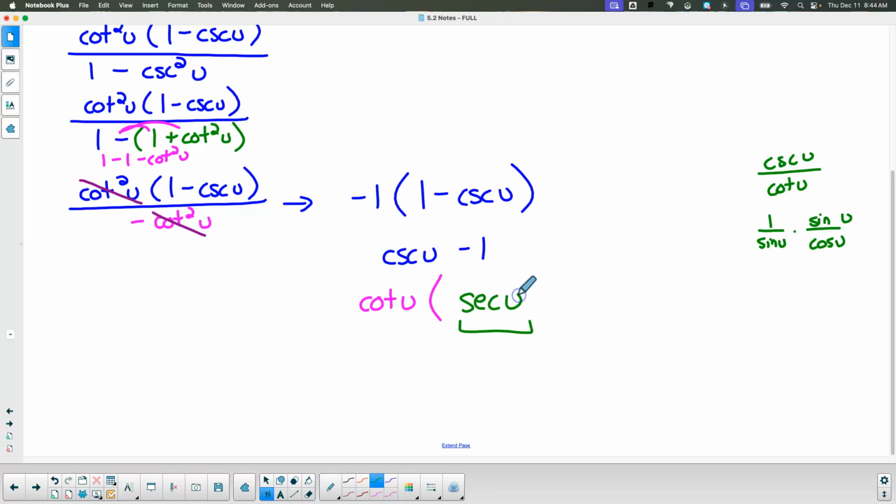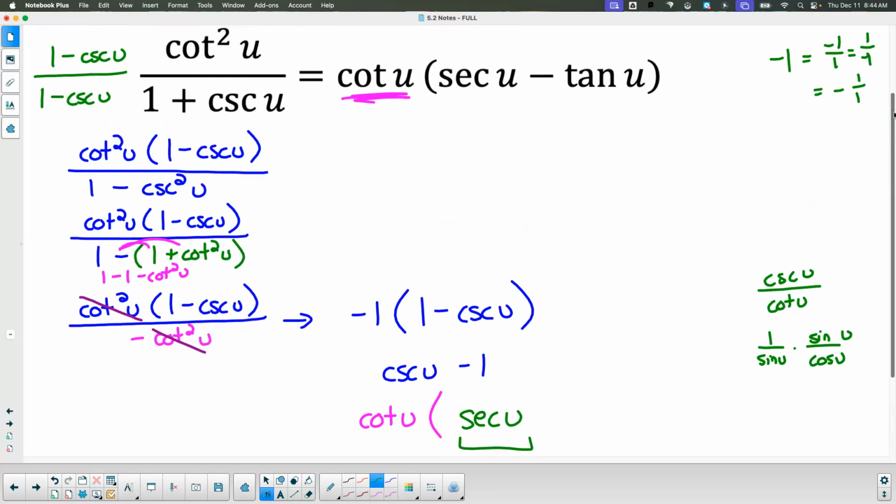So did we just pull that cotangent out of thin air? No, we looked at the other side and said we need a cotangent out in front of a set of parentheses. So let's factor out a cotangent. When we factor, we're dividing, right? I just thought it had to be there in order for you to factor it out.